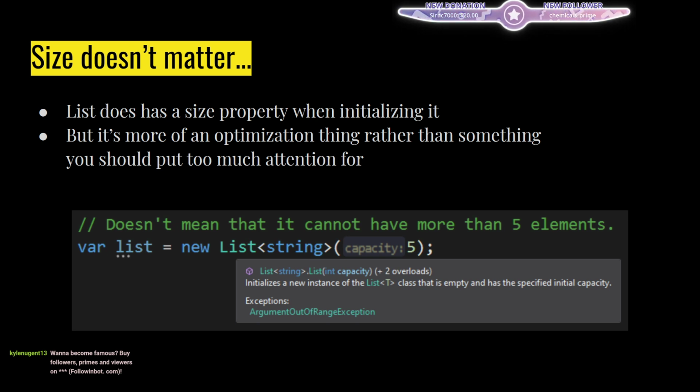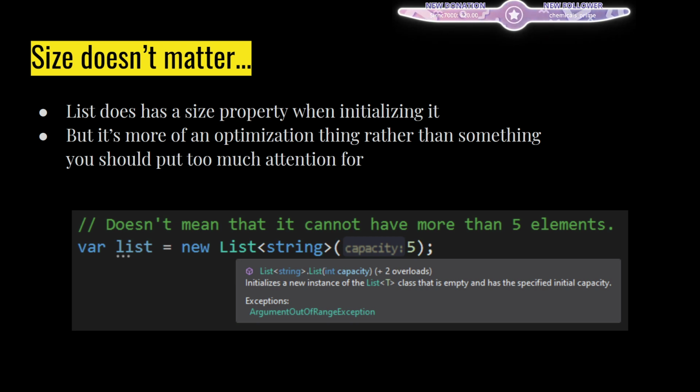But that doesn't mean that this list has a size that does not change. That just means that it has some optimization, which basically presumes that a list will most likely not exceed 5 elements, so it makes sense for it to have an initial capacity of 5, so that it doesn't resize itself, that it doesn't have more allocations than needed.